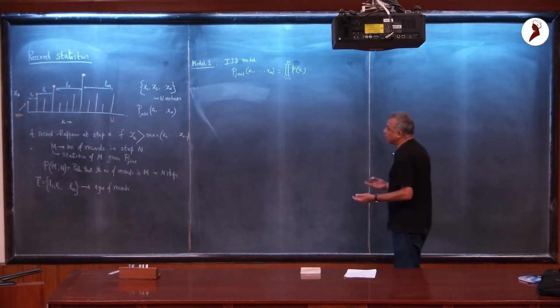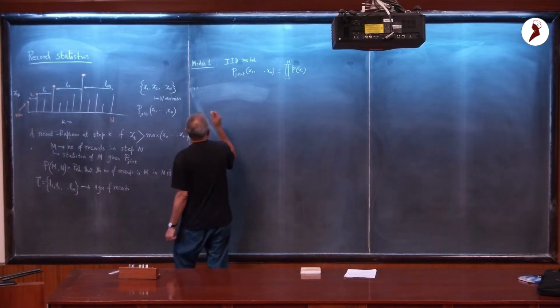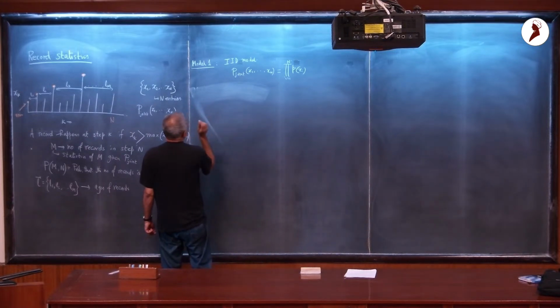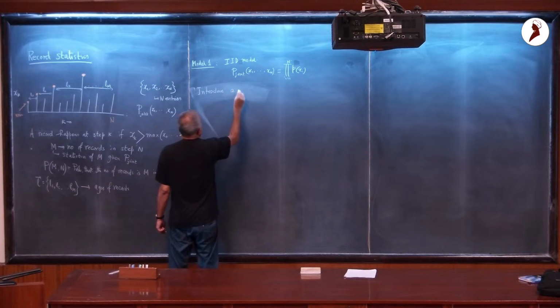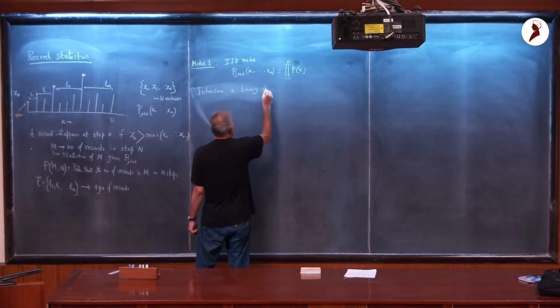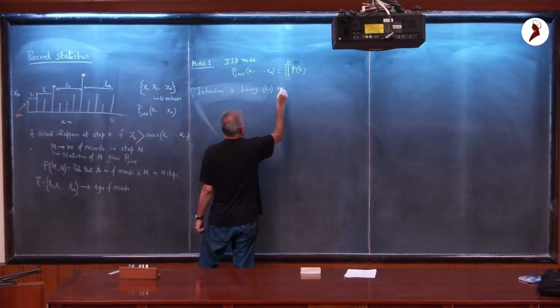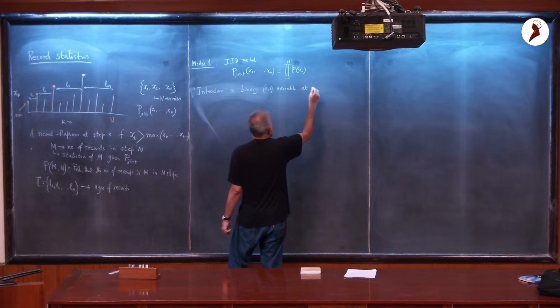So how do I calculate the statistics of M? One natural way to study this problem is to introduce a binary 0-1 variable at every step k.